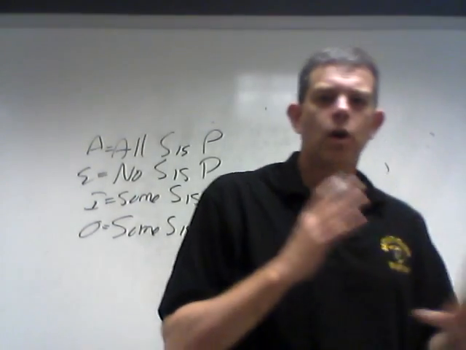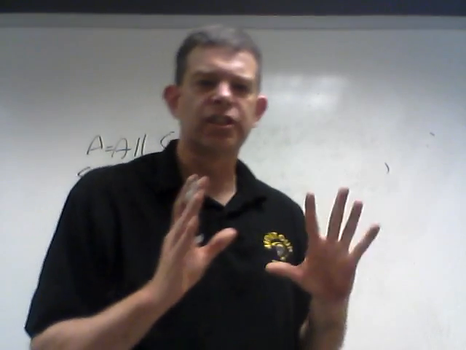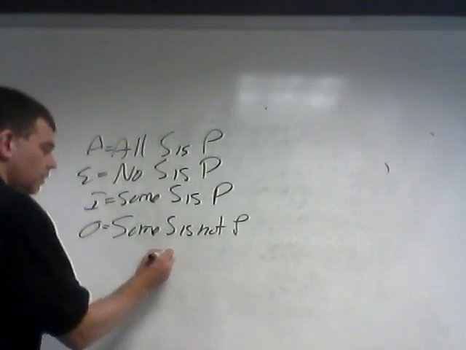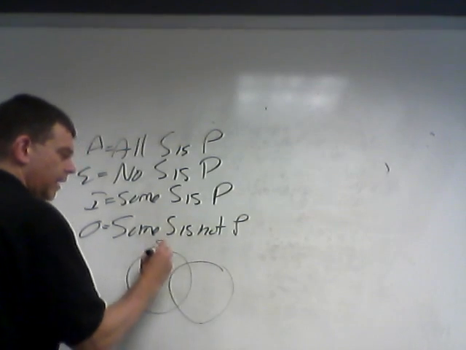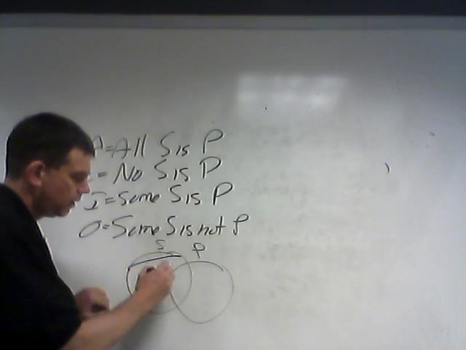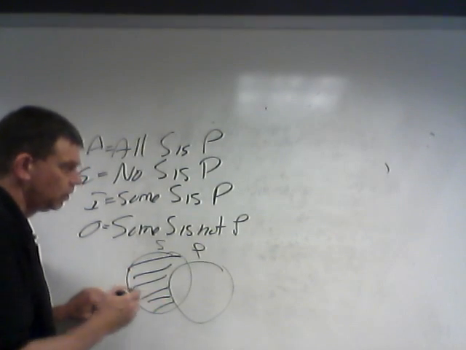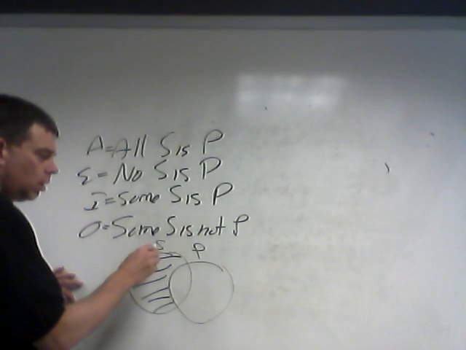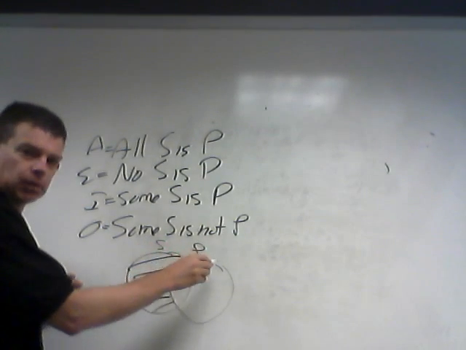Distribution means which term in essence is excluded here. So if you take a look at an A statement, okay, you have S and P, right? So if you say all S is P, if you draw in the Venn diagram, it looks like this, right? You're saying if all whales are mammals, okay?